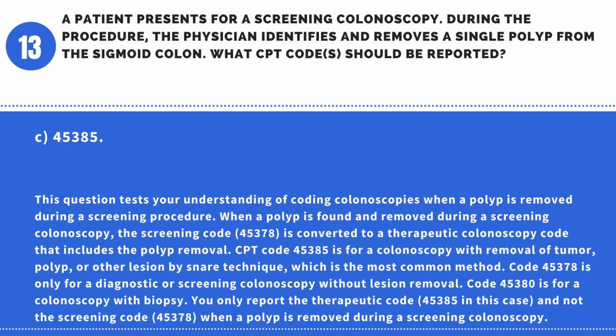Code 45378 is only for a diagnostic or screening colonoscopy without lesion removal. Code 45380 is for a colonoscopy with biopsy. You only report the therapeutic code, 45385 in this case, and not the screening code, 45378, when a polyp is removed during a screening colonoscopy.